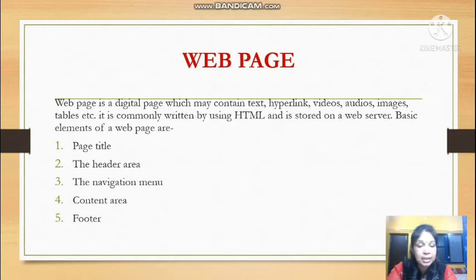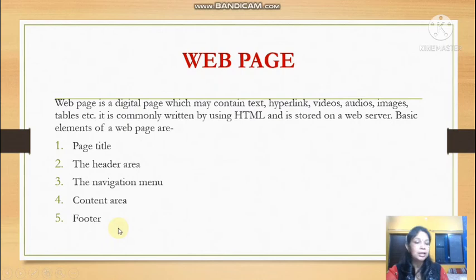You will see the menu on the home page, and if you click on any of the links, you will be forwarded to another page. That menu is known as the navigation menu, and just after that, what you display becomes the content area, and the bottom part that you display becomes the footer.